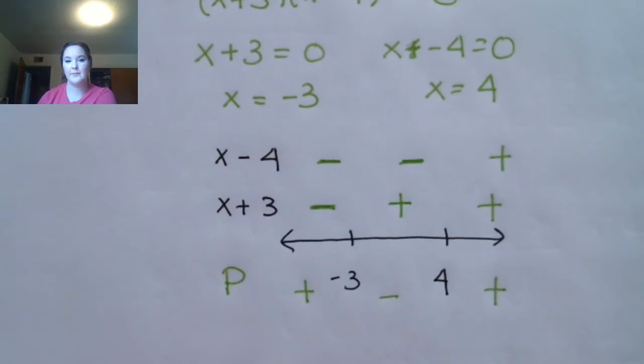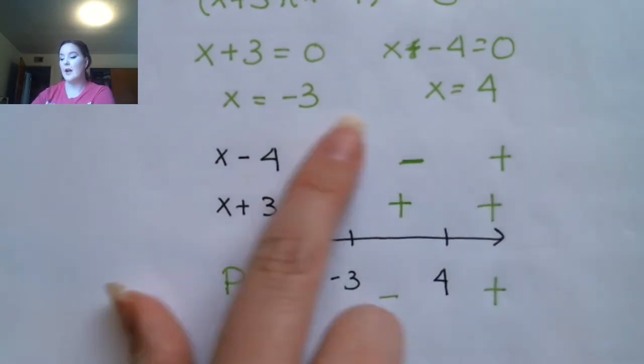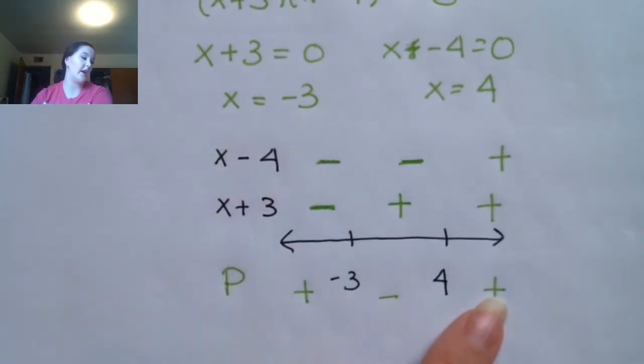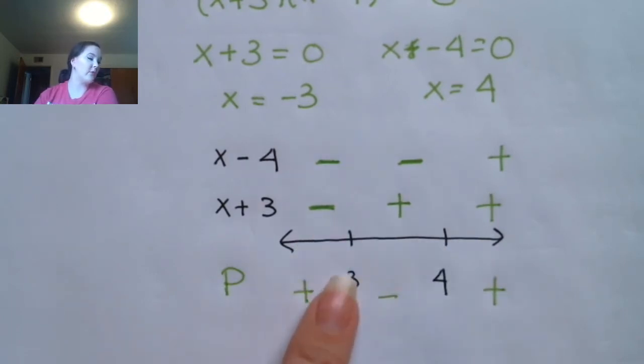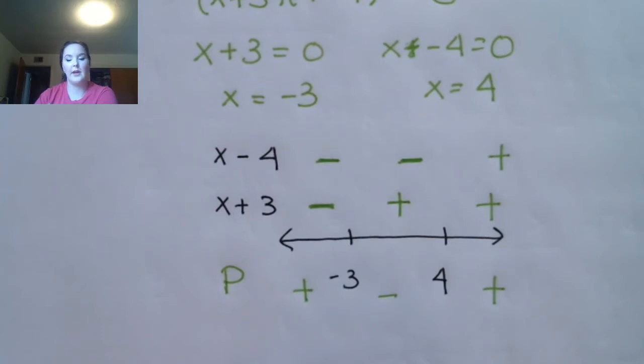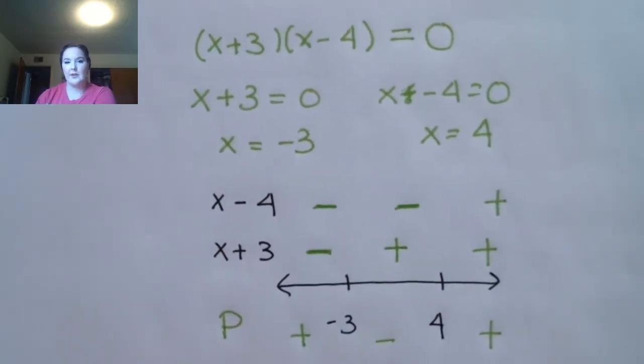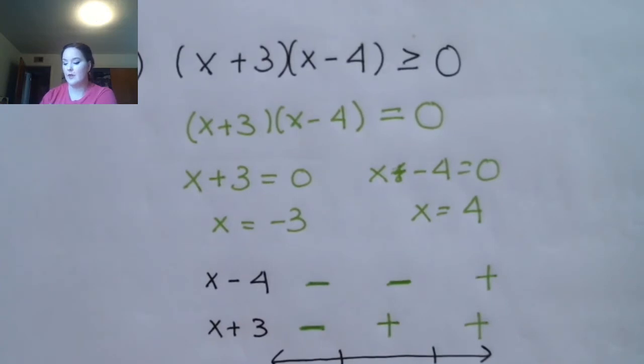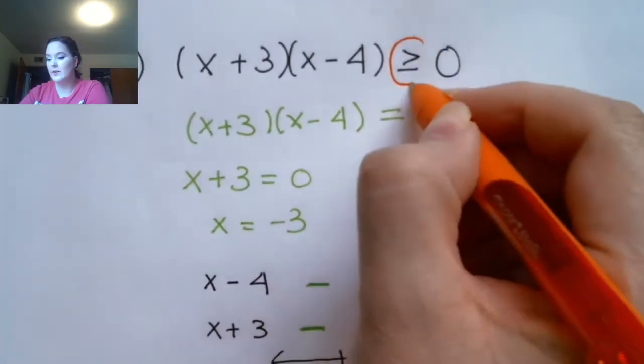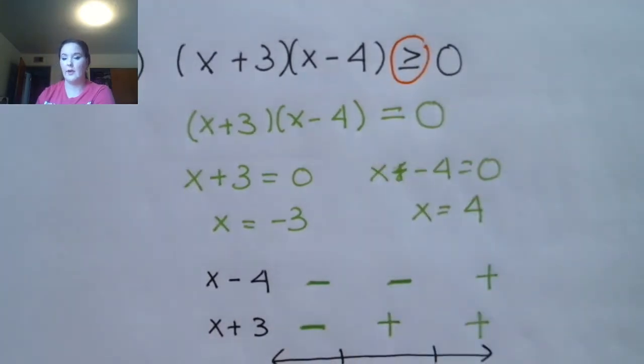Okay, so this is how you make a sign chart. This covers steps 3, 4, and 5. So now I'm going to look for my answer. It says greater than or equal to 0.